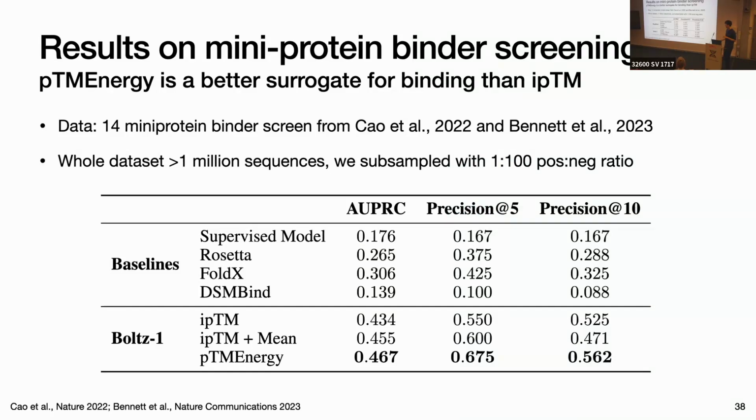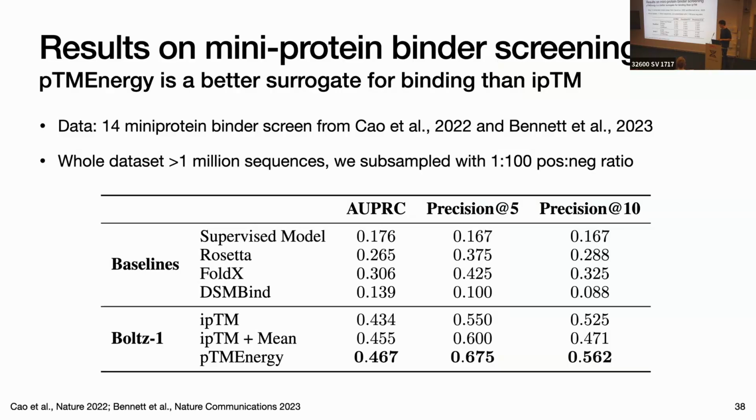We found that this energy-based model gives much higher accuracy than the standard ipTM score, especially for precision at top 5 or top 10, where you can substantially increase the average across all 14 targets.